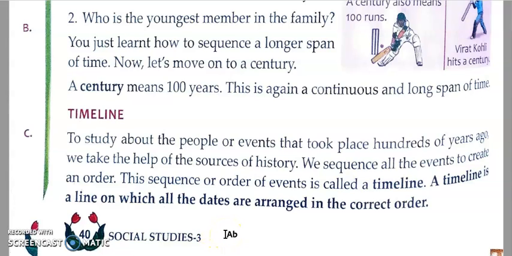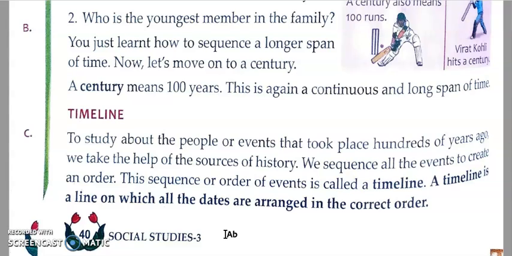See, if we want to study about any people or any event that took place hundreds of years ago, पहले के जमाने के लोगों के बारे में या किसी इवेंट के बारे में अगर हमें जानना है तो उसके लिए हमें कई सालों पहले का हिस्ट्री देखना पड़ता है.